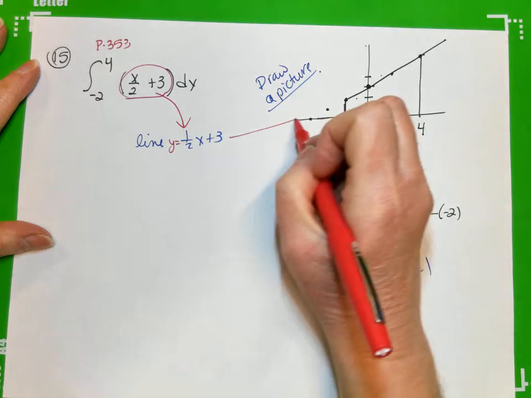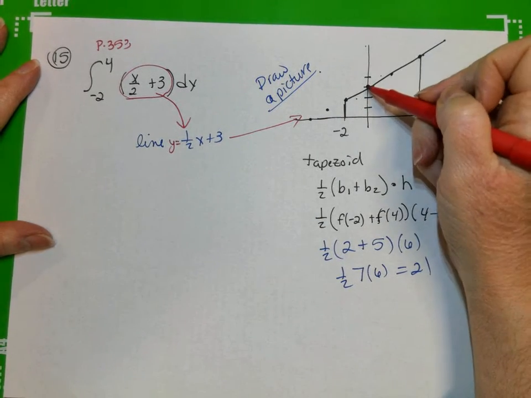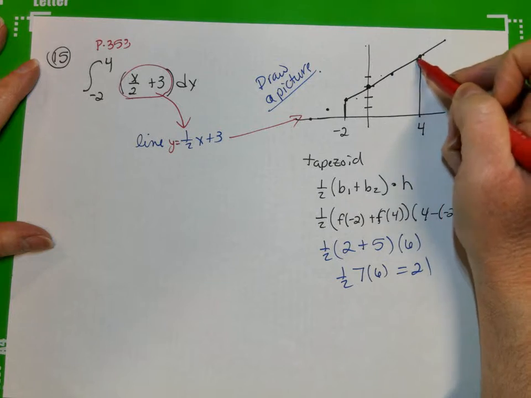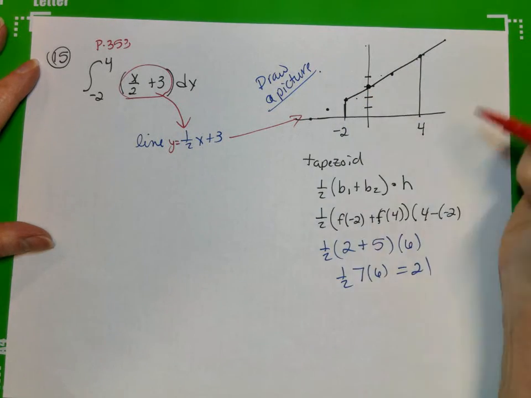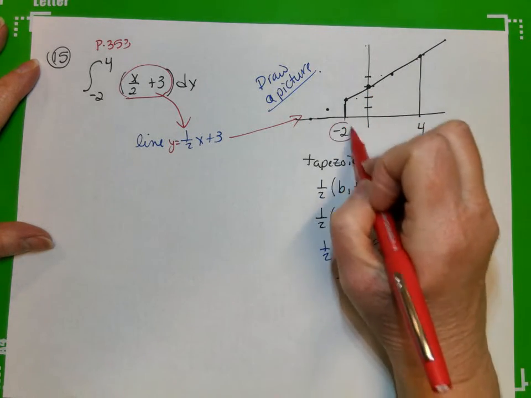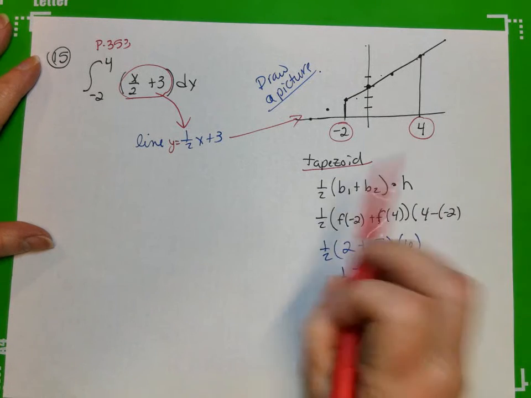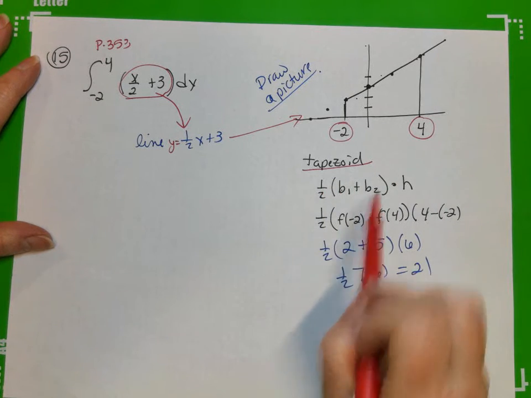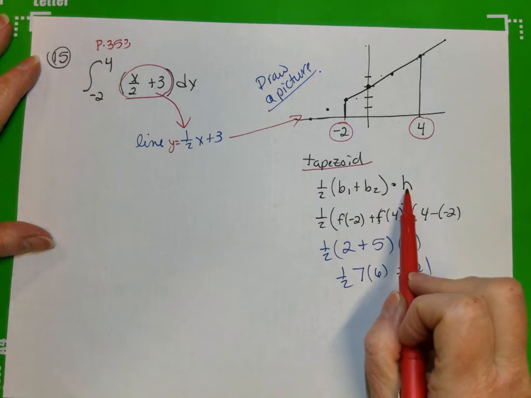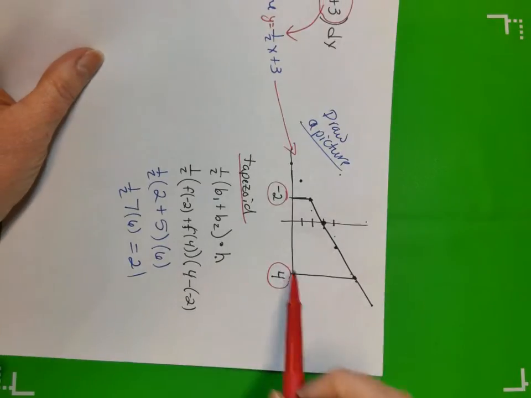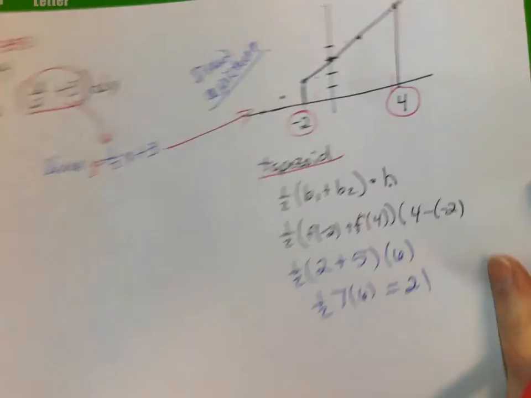Over here, I've drawn a picture of that. I have my intercept at 3. I went up 1 and over 2, up 1 and over 2. I went down 1 and over 2, so I could get to my boundaries of -2 and 4. I happen to recognize that's a trapezoid, and the area of a trapezoid is 1/2 base 1 plus base 2 times h. In order to make that work, I have to turn my trapezoid this way. Here's base 1 and base 2.